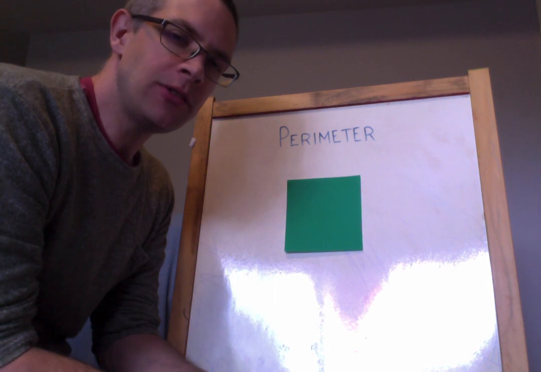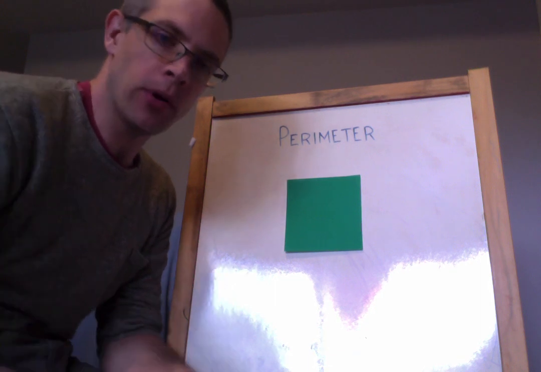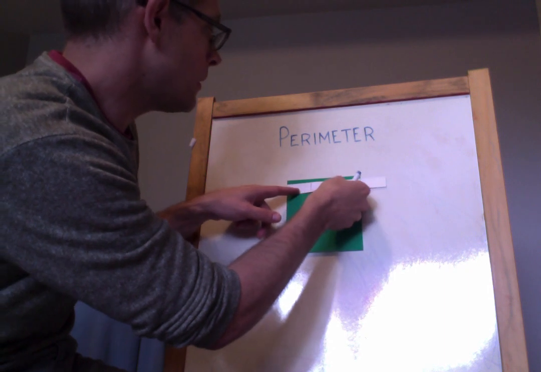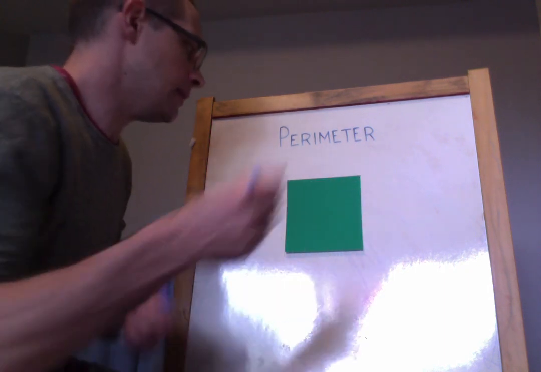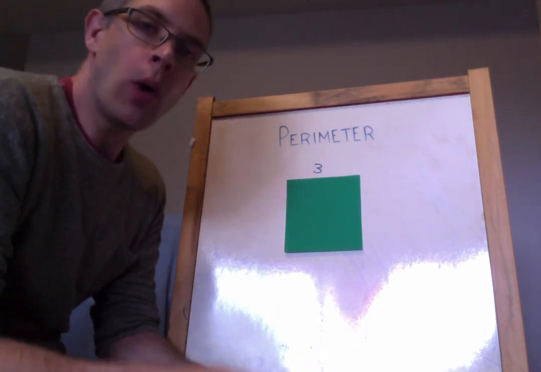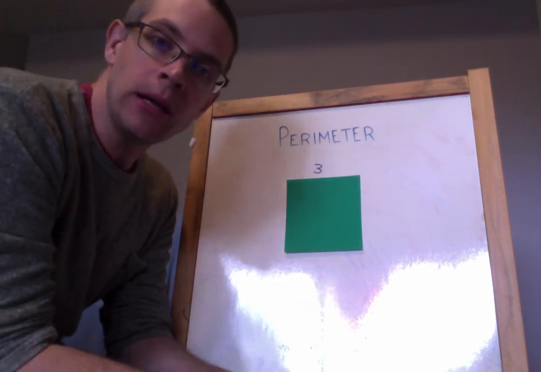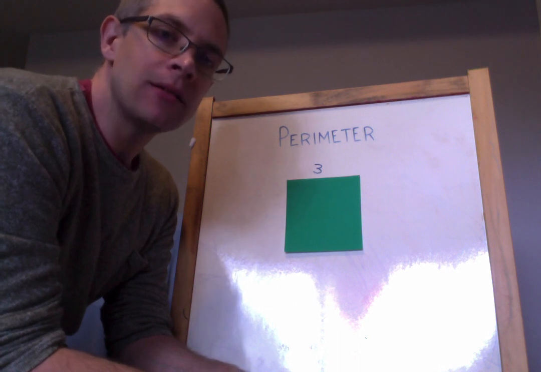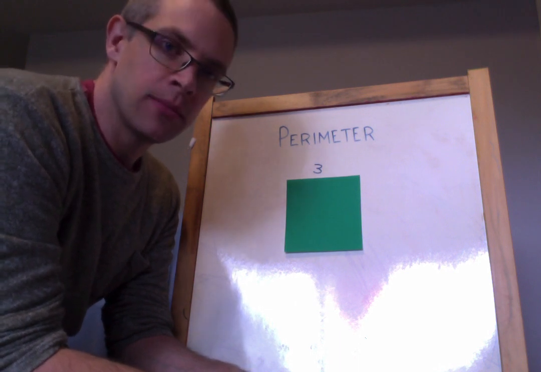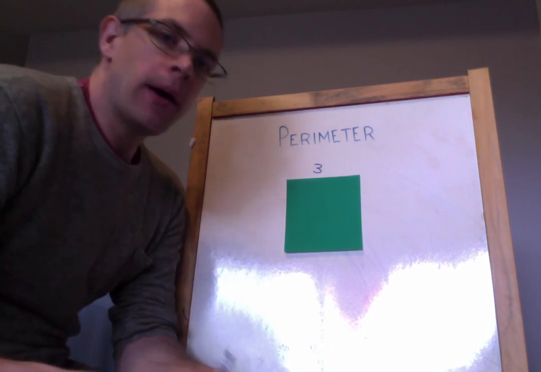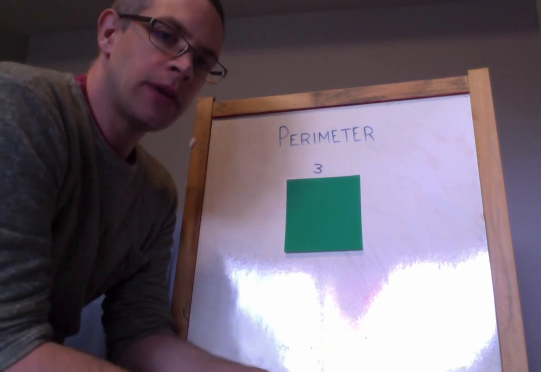Let's see how that might help us find the perimeter. I'm going to measure one side, and I can see that it's 3. A regular polygon means that all of the sides are the same length. What is the perimeter of this polygon without measuring the other sides?